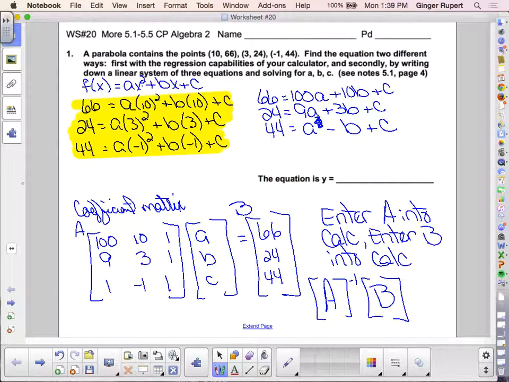When you do that, you should get a matrix that says 1, negative 7, 36. So your equation is going to be x squared minus 7x plus 36.